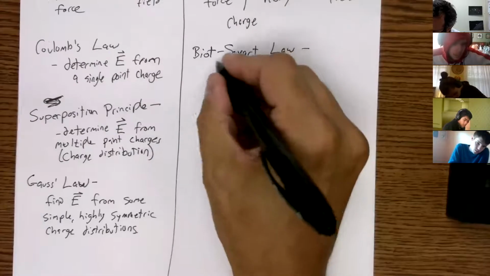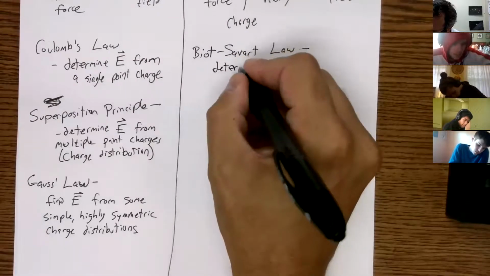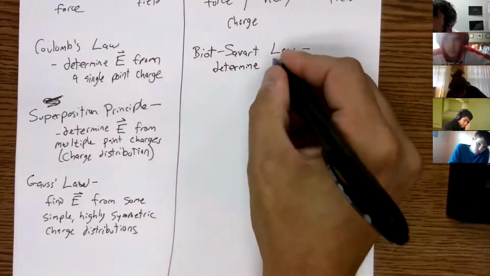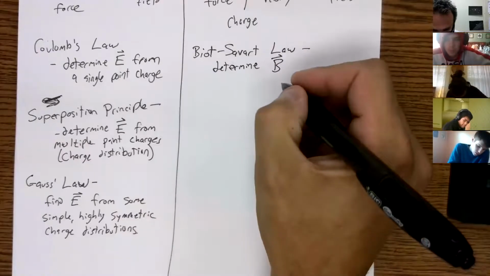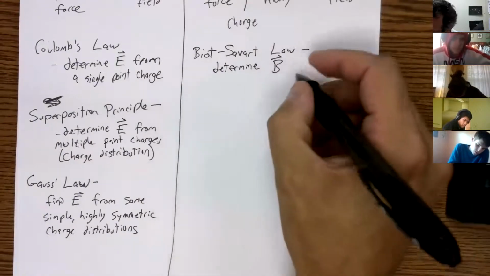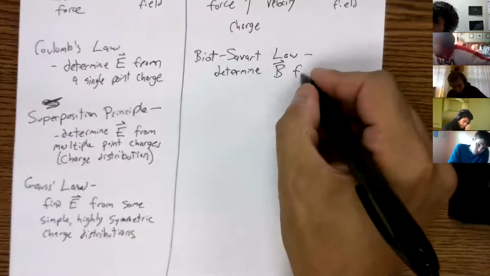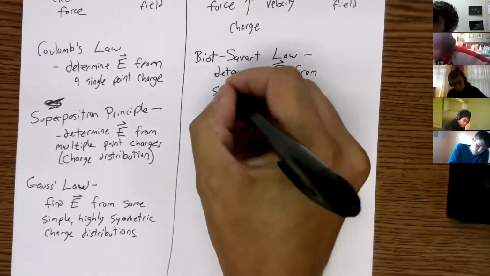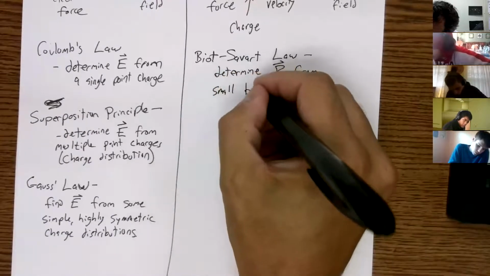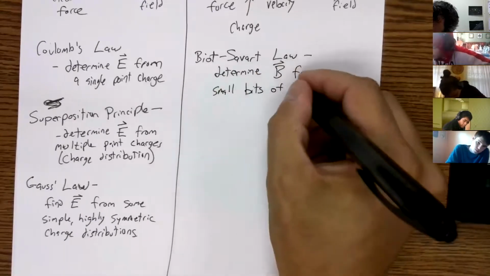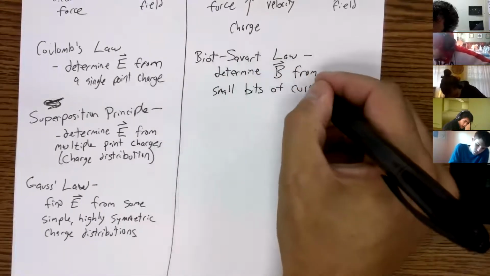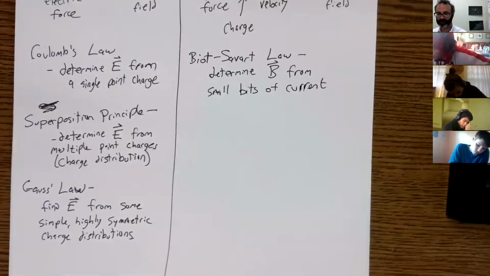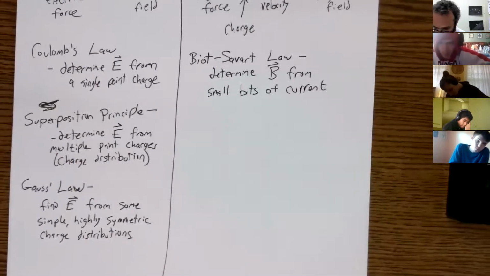And that will help us determine the magnetic field B from small bits of current. Right, and a current is just moving charges, right? So we'll learn the Biot-Savart law.